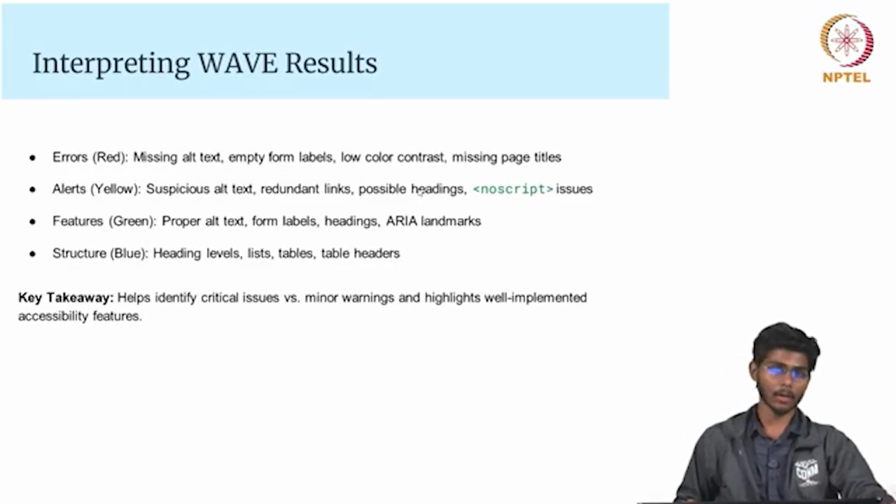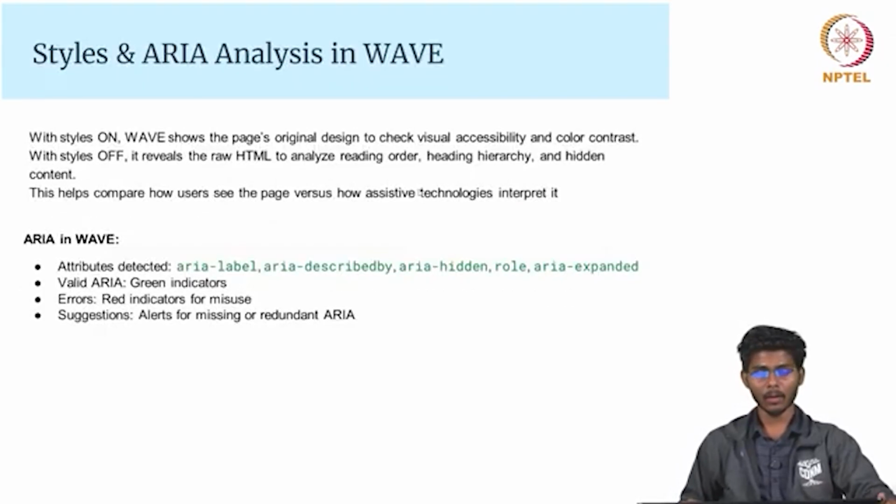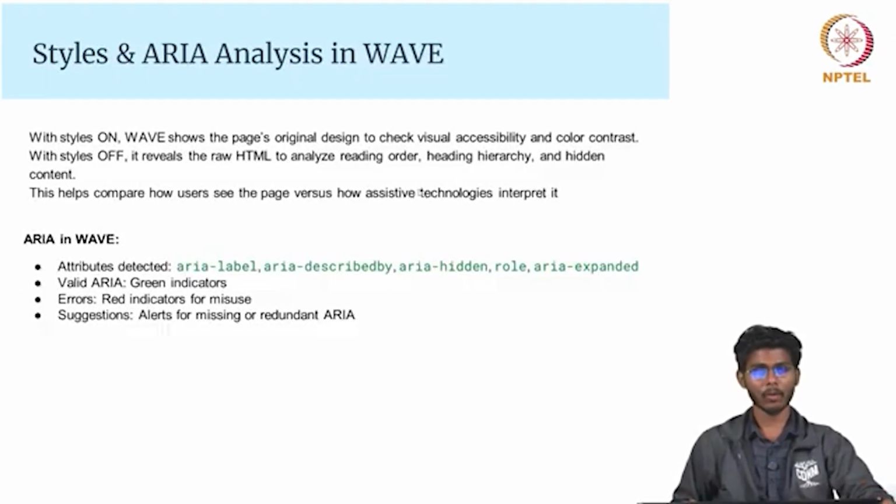And blue is the structural component in the analysis report. So we can opt for styles for a better visual view of the elements which are causing accessibility issues in the interface.